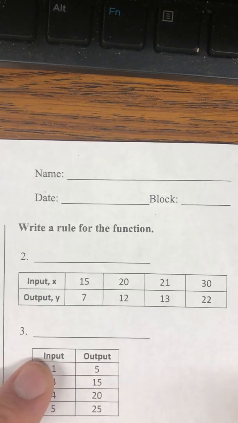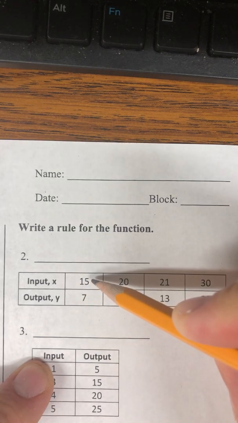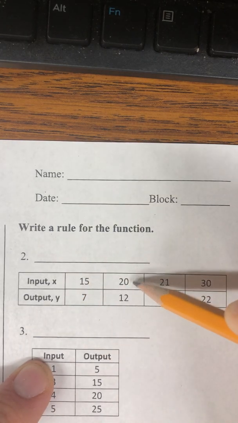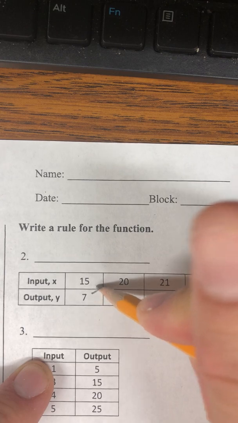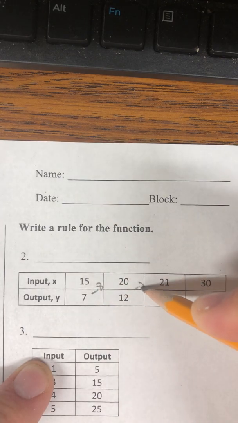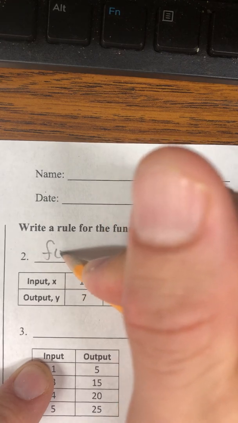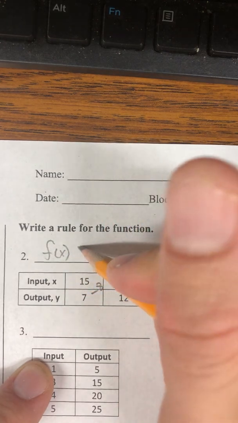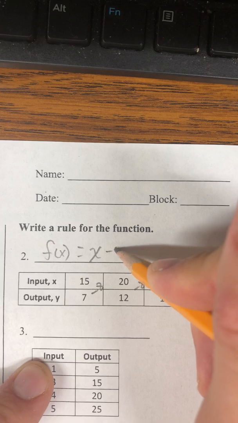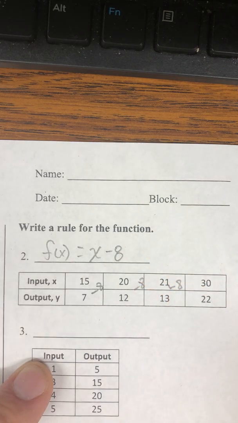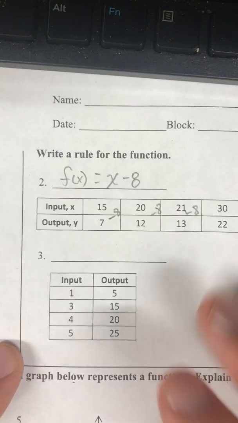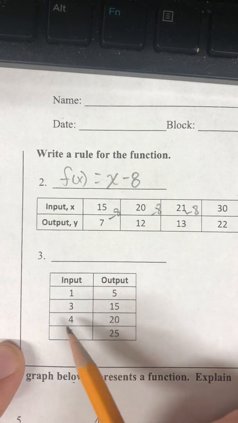So, all right, write a rule for the function. Let's see. For the input of 15, you go 7, 20. So it looks like you subtract 8. So the rule would be the function of x is the input minus 8. Let's see, 1 to 5, 3 to 15, 4 to 20.